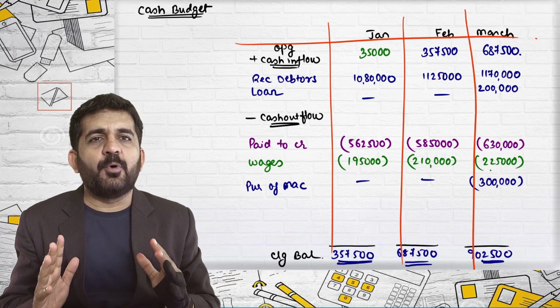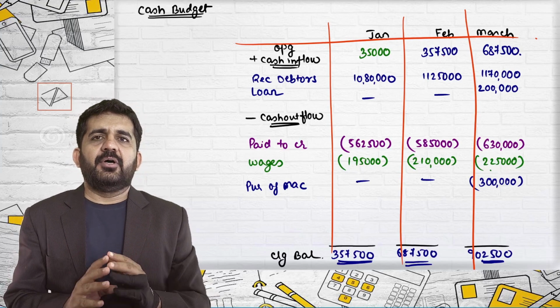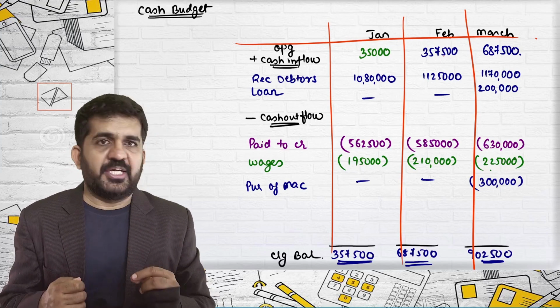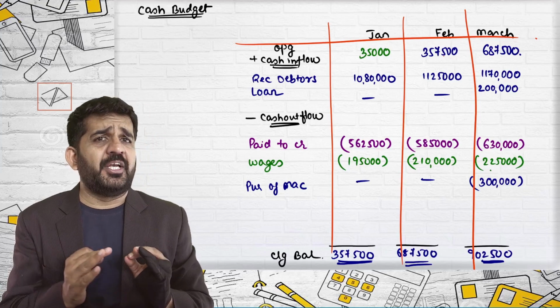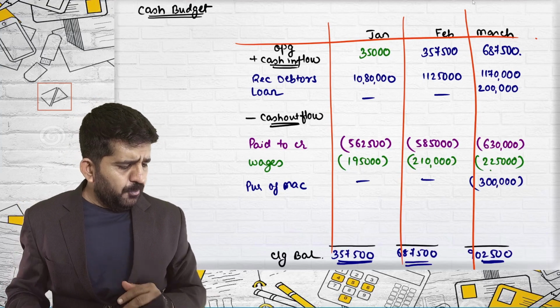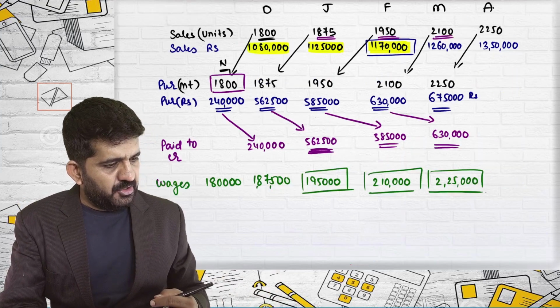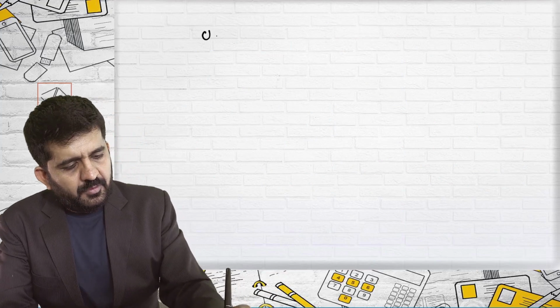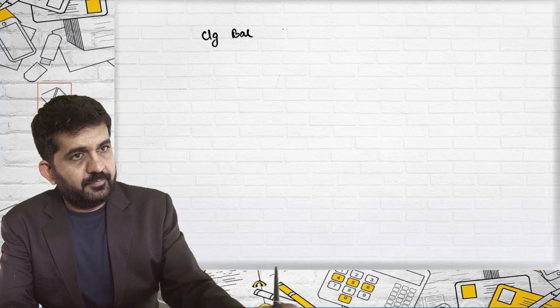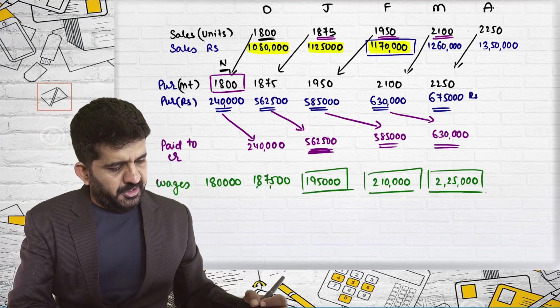So a very easy point, cash budget, nothing difficult about this. You just need to prepare a cash budget. A small point in the cash budget, please try to concentrate. Suppose I am writing my closing balances of Jan, Feb and March. It is out of this question.